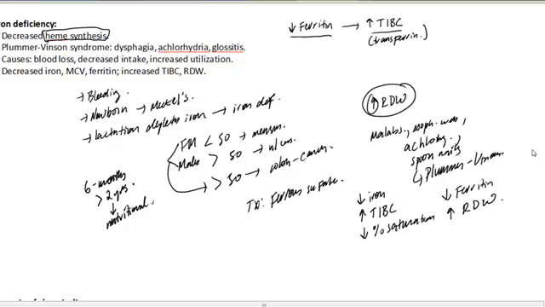If you have an older child, it's going to be a bleeding Meckel's, just like in the newborn. Pregnancy, remember, lactation depletes iron, so pregnancy can cause iron deficiency anemia. Females less than 50, you're thinking menorrhagia. Males less than 50, you're thinking ulcers. The most common type of ulcers is a duodenal ulcer. And males and females over the age of 50, you're thinking colon cancer due to a bleed.